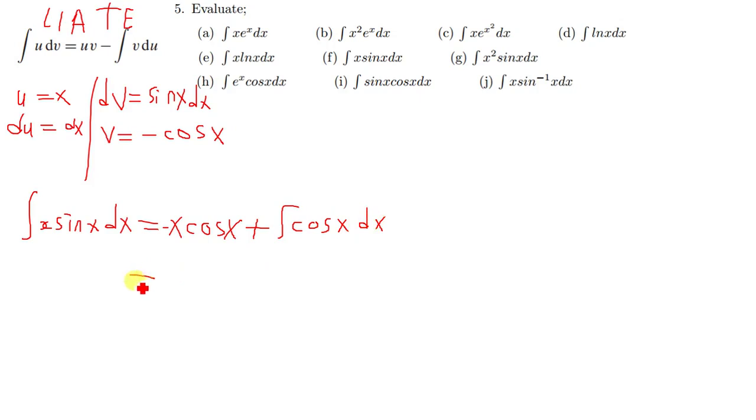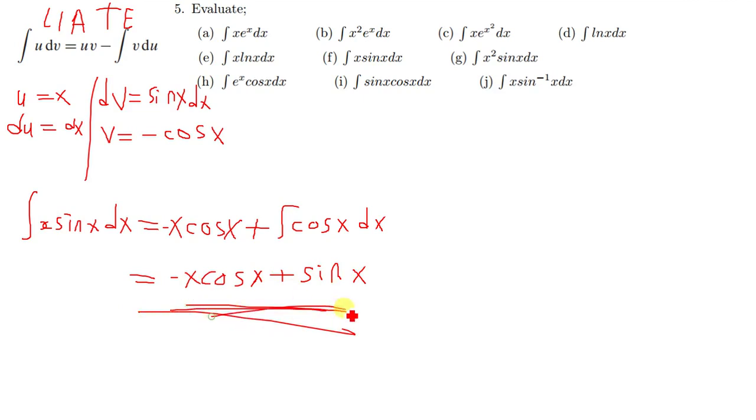So when you integrate this you'll get negative x cos x, and then when you integrate cos x you get sine x, so plus sine x. Yeah, so this is your solution.